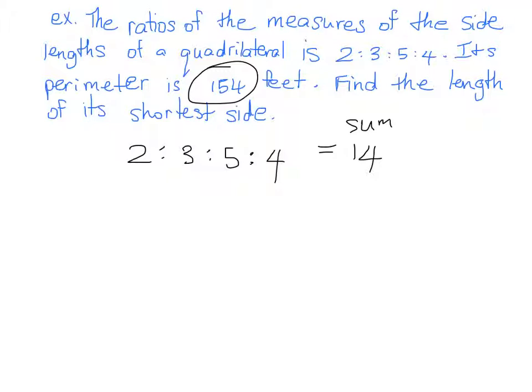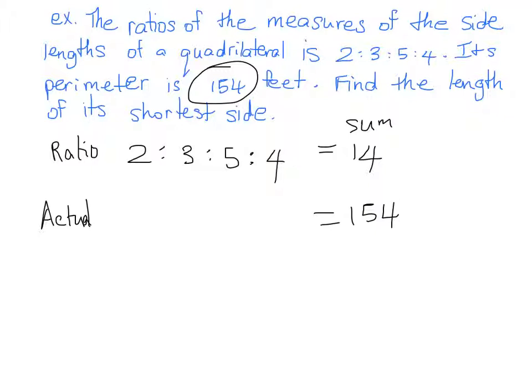So right now we have a ratio, and our ratio has a sum. That's the sum of our ratio. We also have actual values and an actual sum, we just don't know the values yet, and our actual sum is 154.